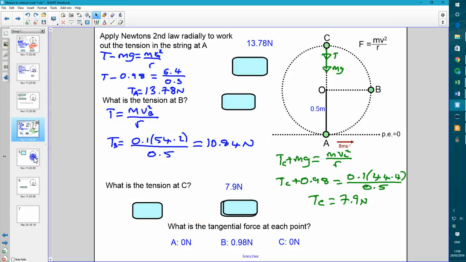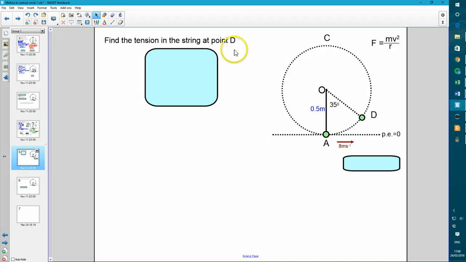Okay, so we're now going to have a look at how we can work out the tension in the string at point D, which is at 35 degrees to the down direction here. We need to know what the net force is radially, so towards the centre of the circle.